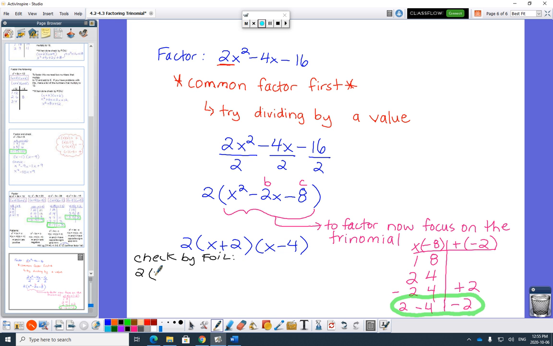So x times x, x times negative 4, 2 times x, 2 times negative 4, then distribute the 2: 2x squared minus 4x minus 16, and that was our original question. Okay? If you are asked to, you'll get marks for it. Now, if you have extra time, you might want to, because then you can check the answer.